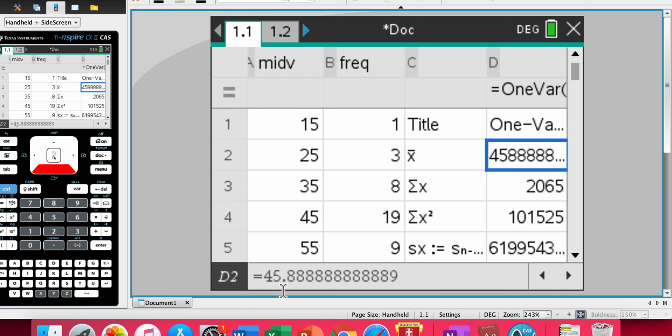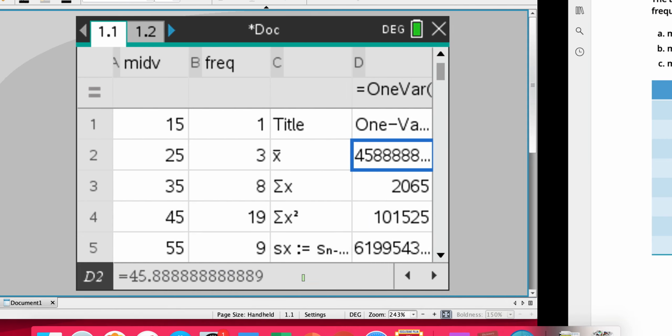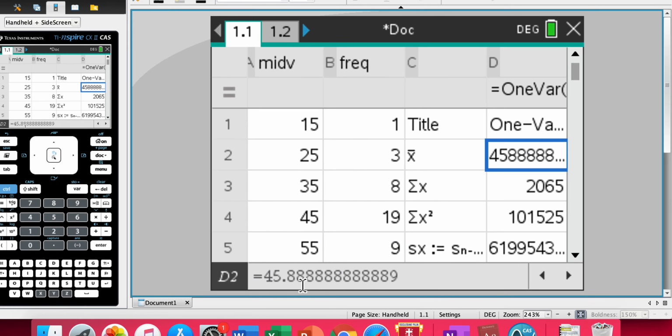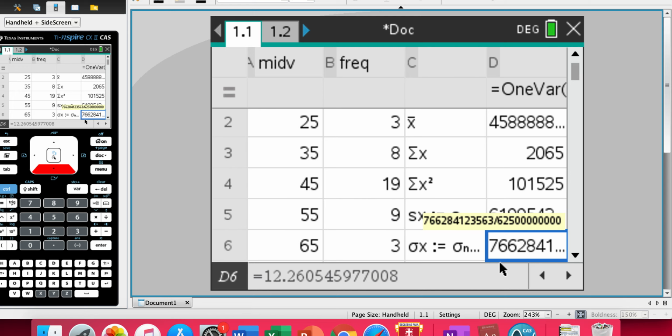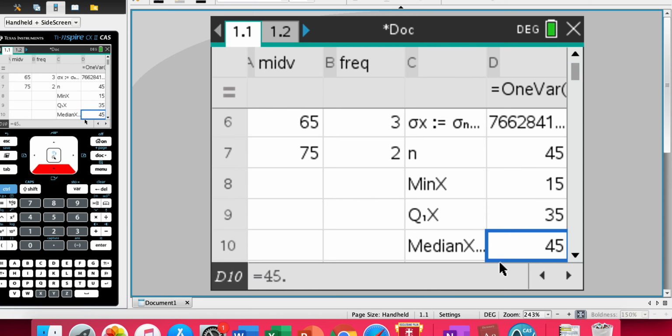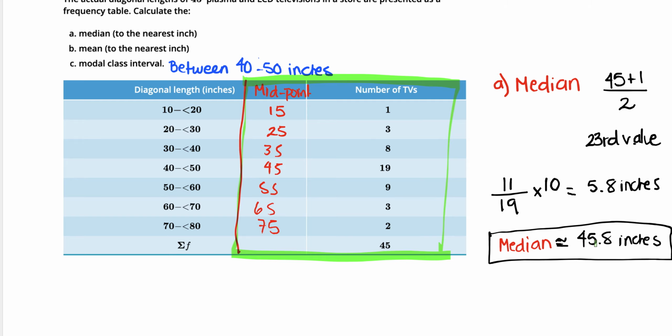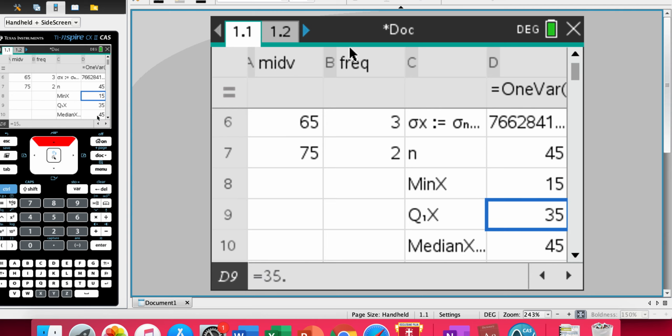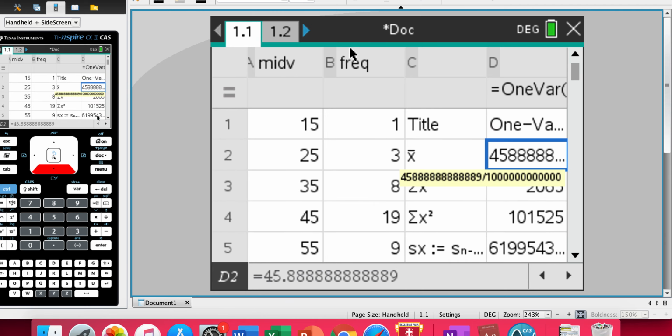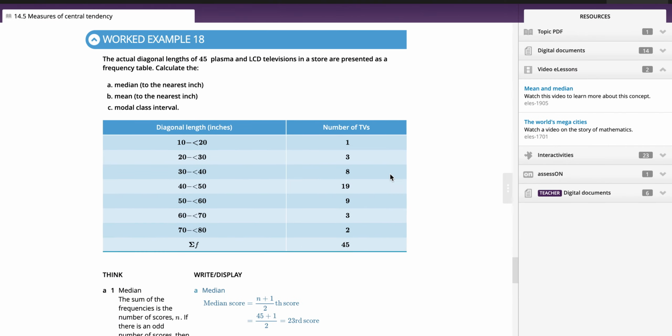And I find that my median is 45.8. Actually, I didn't know that you could do this. And the mean seems like it's the same, 45.8. I'm going to check my answers just in case I have done something wrong.